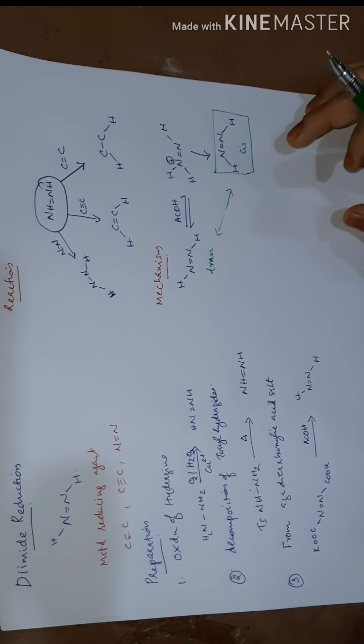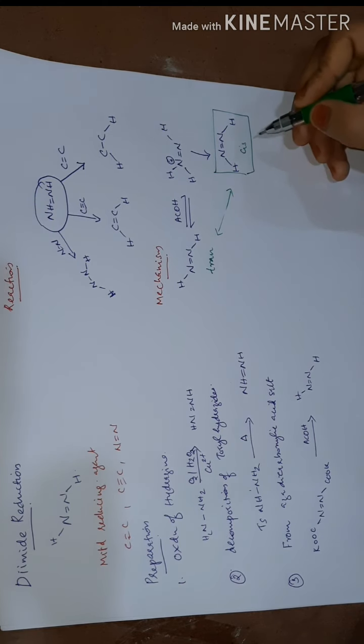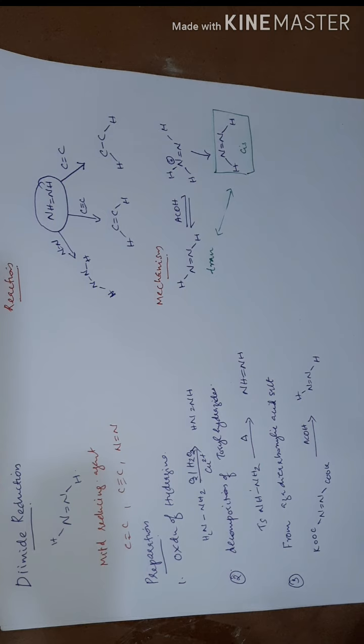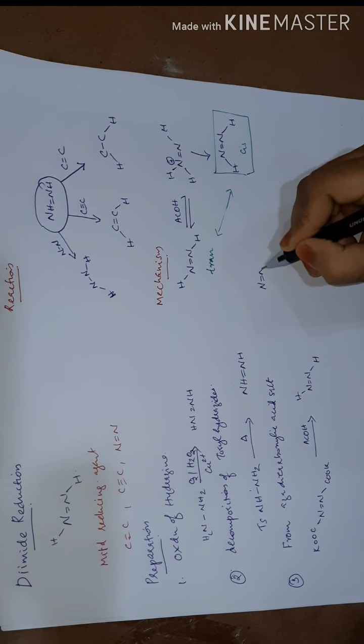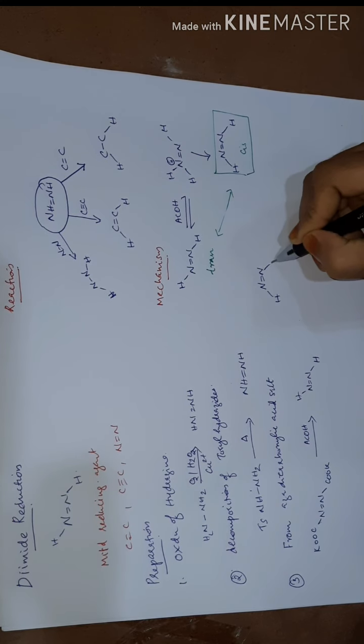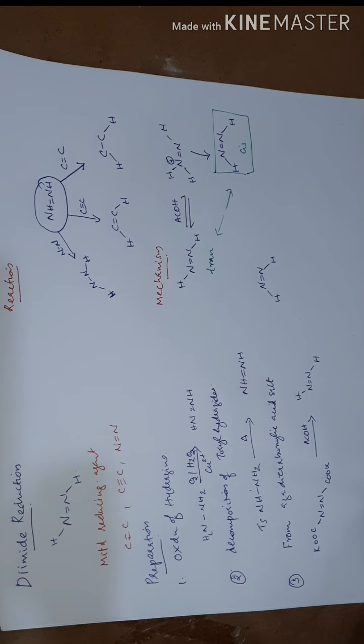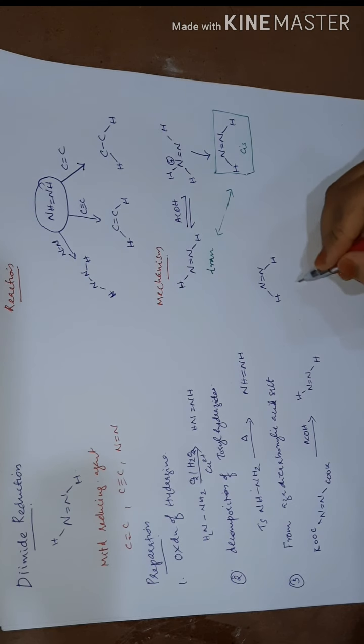So, moving to the next stage of our mechanism, we have produced the cis isomer from the trans isomer. Now we are with our cis diimide, and we also have our alkene here.